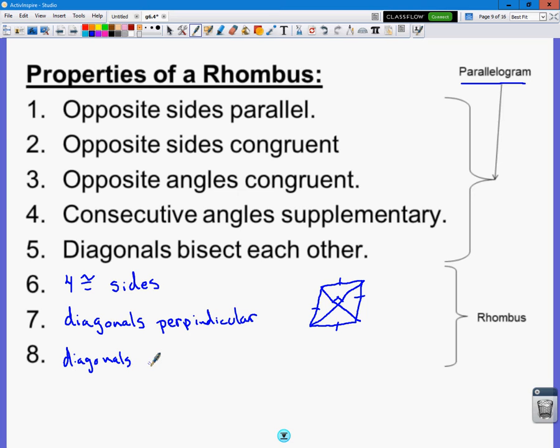The diagonals also bisect opposite angles. And again, if I go up and I look at my picture, if it bisects this angle that's up here, it cuts this angle into 2 equal pieces, and these 2 pieces would in fact be the same. They're opposite angles. It would bisect this angle. These 2 pieces would be the same. Likewise, these 2 up here would be the same.